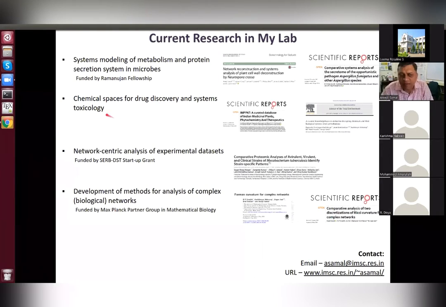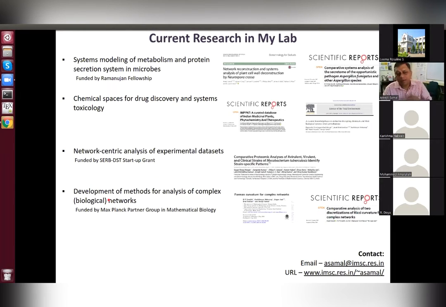There is a large activity dedicated to chemical spaces for drug discovery and systems toxicology. These are 2 papers in that area, representative of the kind of work we do there. We also support several experimental biology research groups through our expertise in network-centric analysis. This is one example of a paper where we helped a group with their analysis of proteomics data for Mycobacterium tuberculosis.